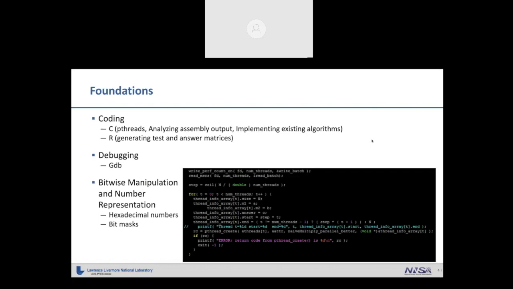We use bitwise manipulation and number representation to actually look for these MSRs, which are model-specific registers. And so they give us those registers in hexadecimal numbers, and then we have to turn bits on and off to manipulate those registers.